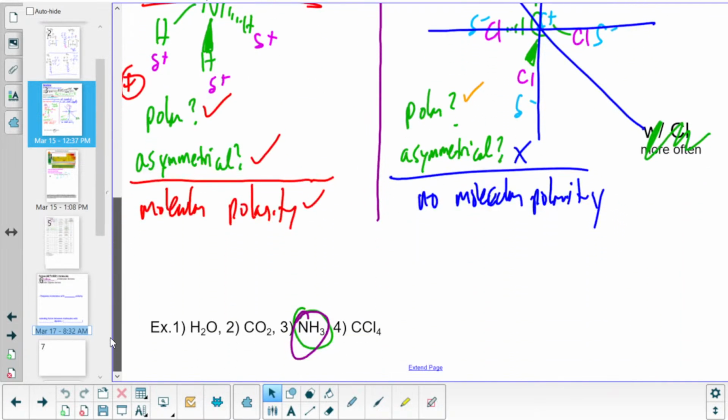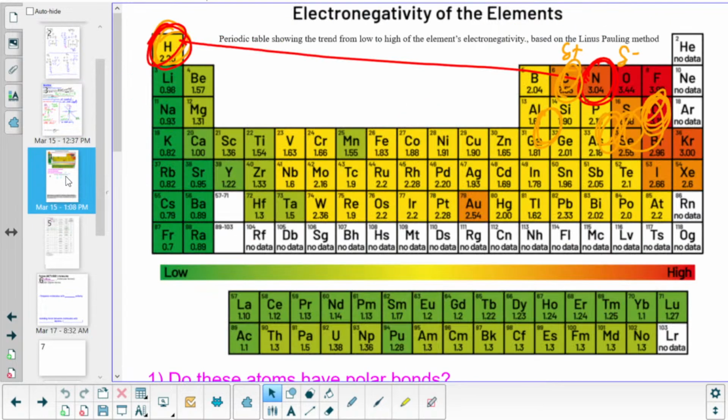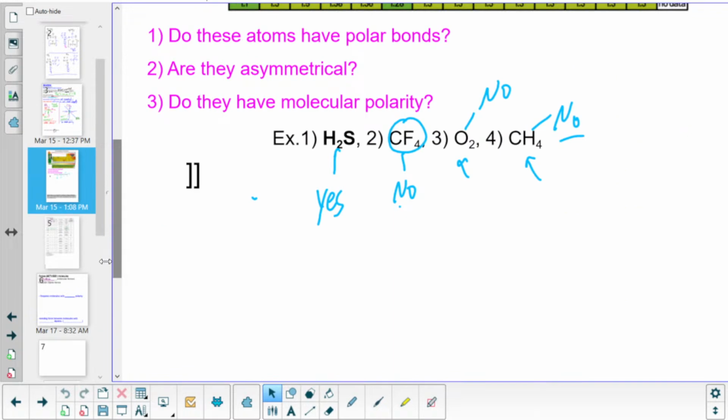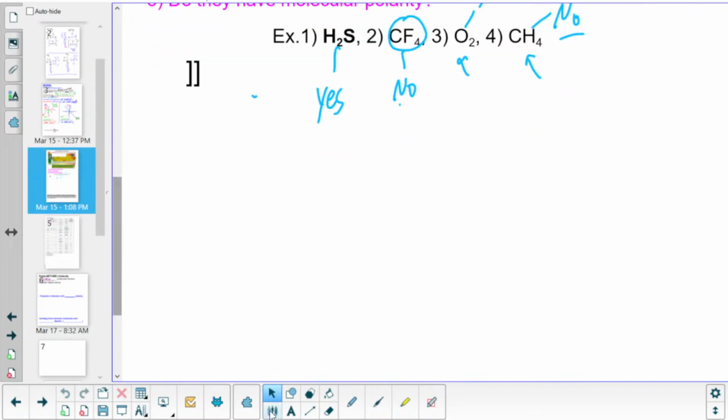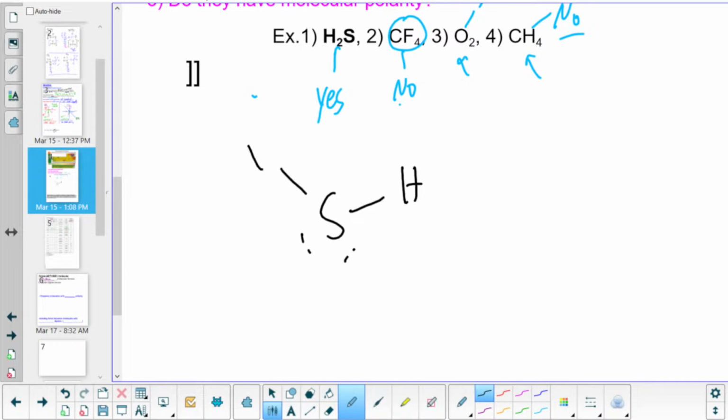Permanent dipole. We drew a few of those on the board as far as I recall, and you had to do these ones. We ended up finding out most of those were symmetrical, but all of them show that if you have a compound with a different electronegativity and you can cut it, gentlemen, if you can cut it in a way that separates the charge, you will have a positive end and a negative end.